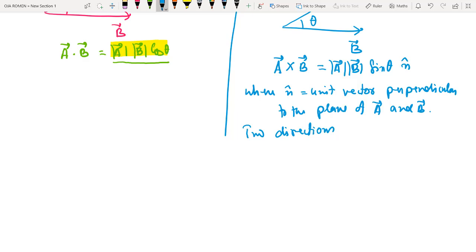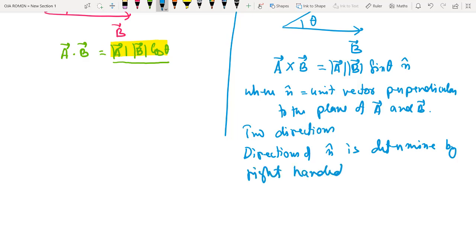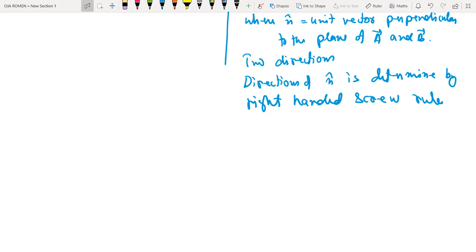So the direction of the unit vector n is determined by the right-handed screw rule. Right-handed screw rule.